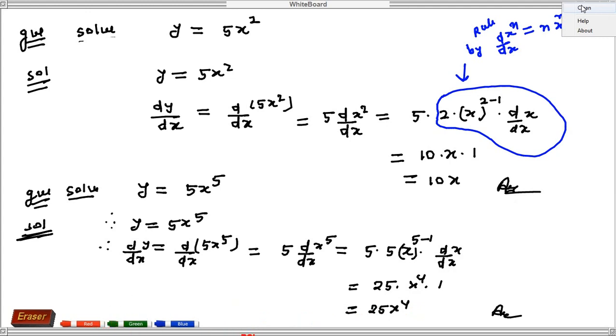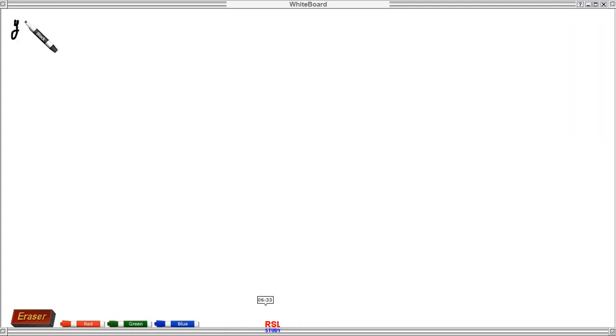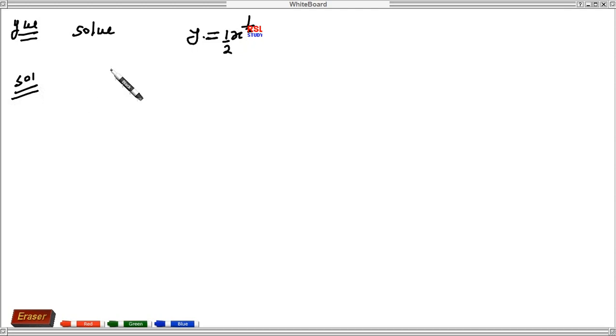Now we will proceed ahead to the next question. The question is: differentiate y equal to 1 by 2 x raised to power 1 by 2. This is the same question just like earlier.